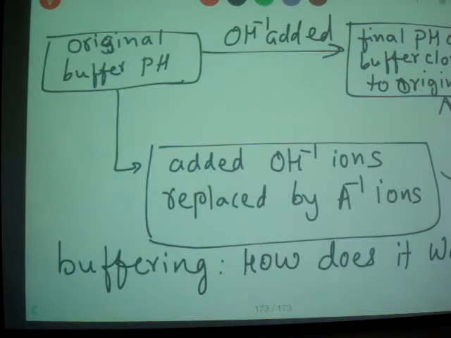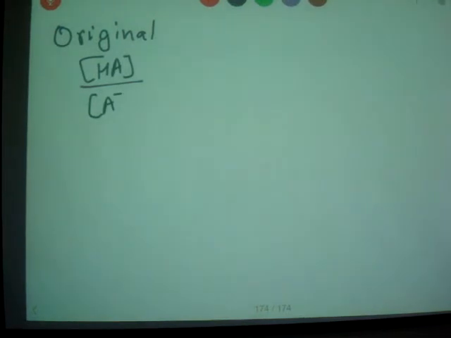And one more thing, I'm going to go to the next slide and show it to you again. The original ratio of HA concentration to A minus concentration, so that's again the equilibrium concentration. Original HA concentration divided by A minus concentration.